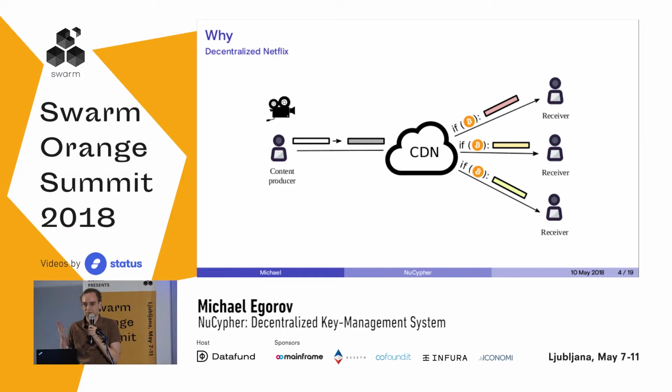It's the same with distributing video. I'm not talking about transcoding, I'm talking only about CDN here. If you want conditional delivery of encrypted video content, you face the same scalability problem.